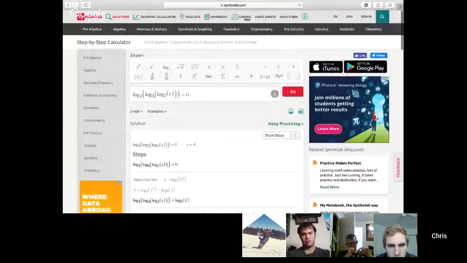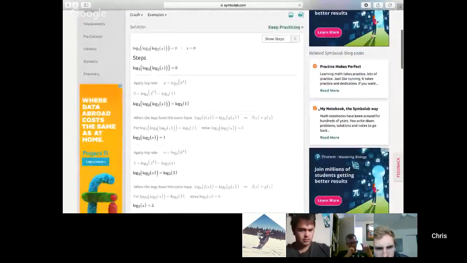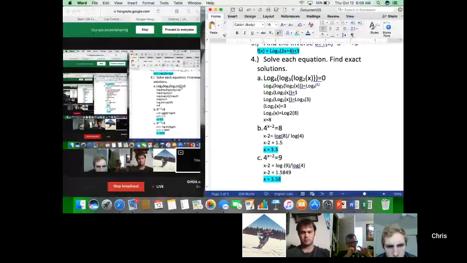That makes sense. And then you take whatever the base is, you put that inside the parentheses, and you take the last number you had and put that as the exponent. That's why log base 2 makes sense.